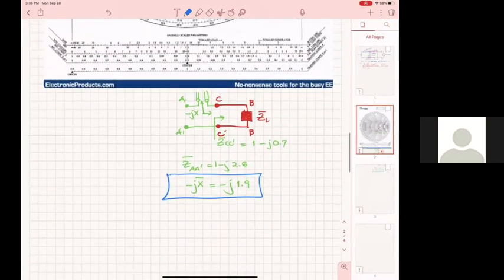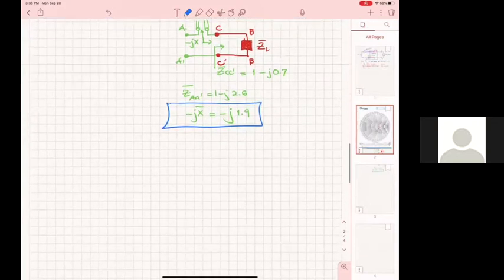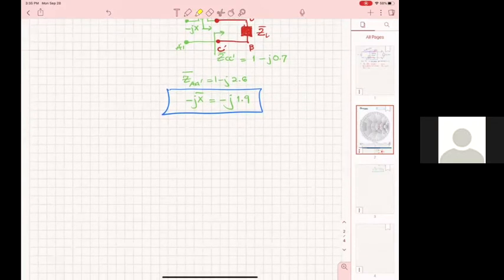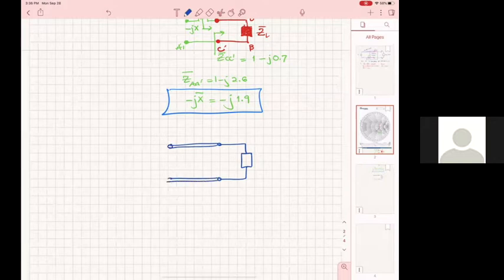Now, what I have is a transmission line. So let me now develop the circuit that I have, which is my load here. And then I put a section of the line, and then I put a stub, which is reactive.